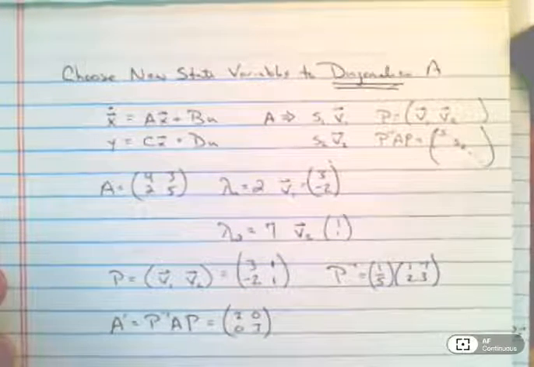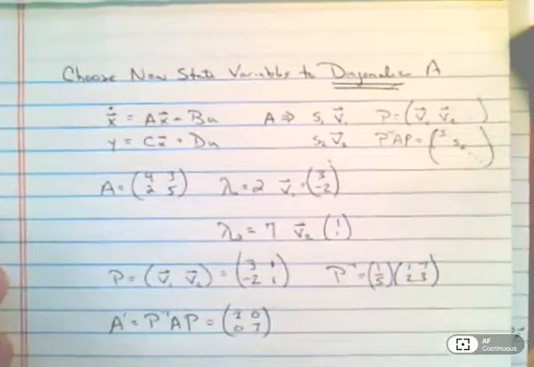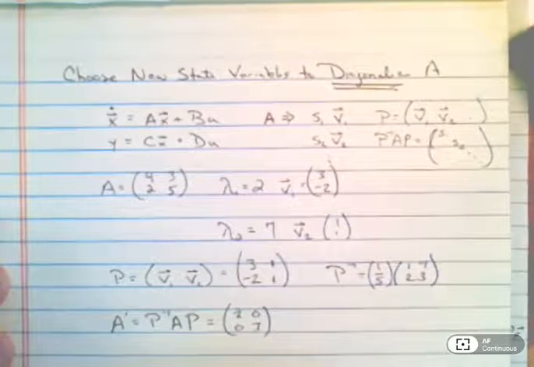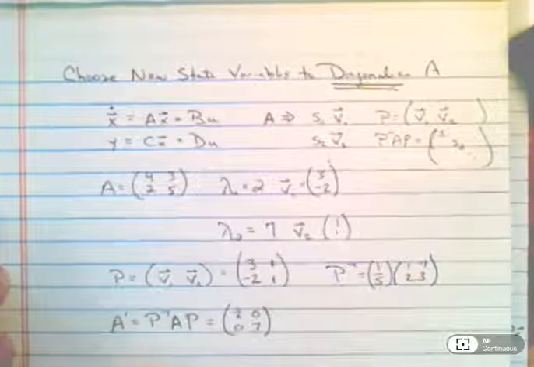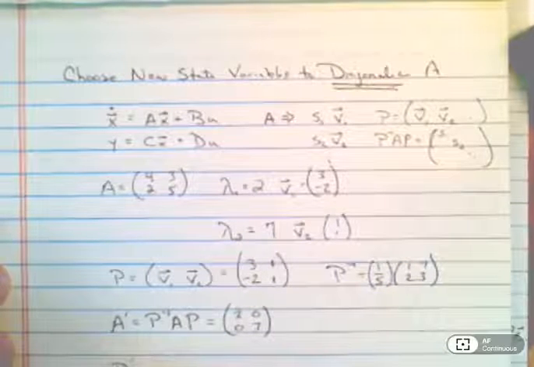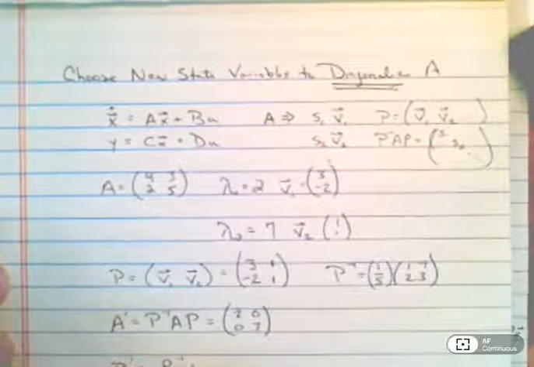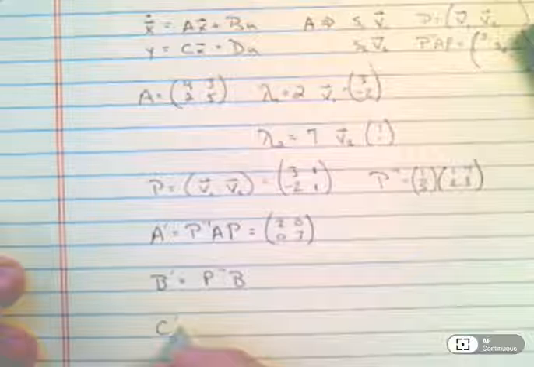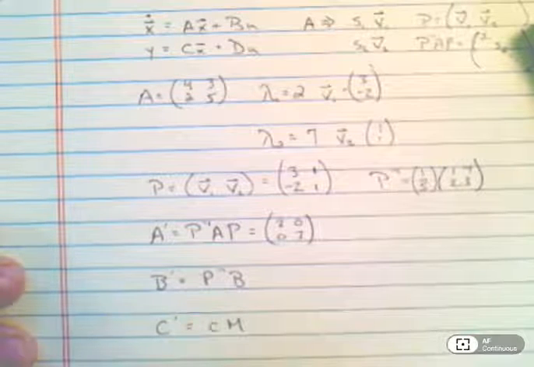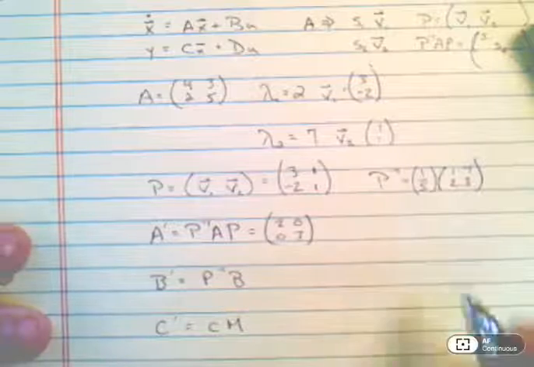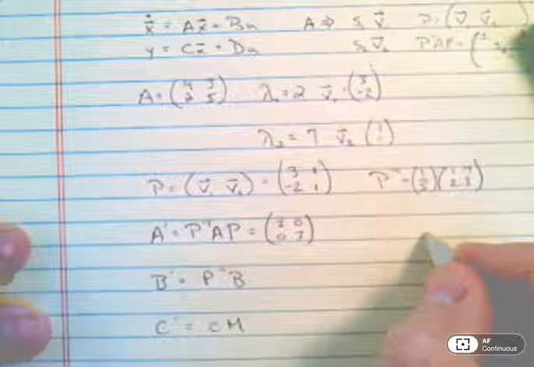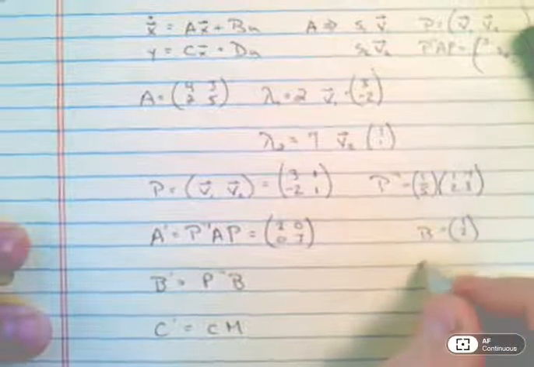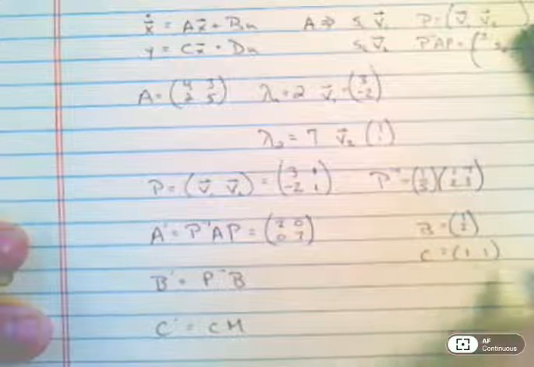And if I had a full-blown set of equations, I now have the P and the P inverse, and I could go ahead and transform B and C as well. If you remember, B prime was P inverse B, and C prime was C times P. So just for the heck of it, let's say that B was 1, 2, and that C was 1, 1 in the original set.